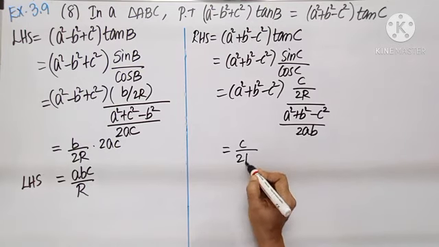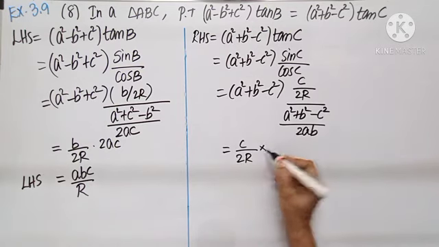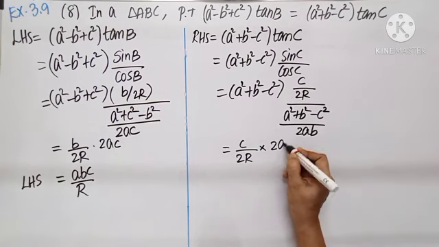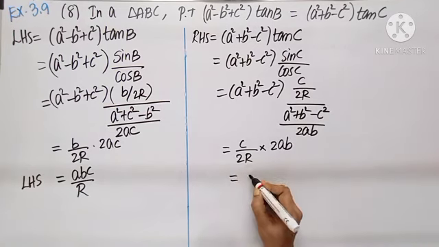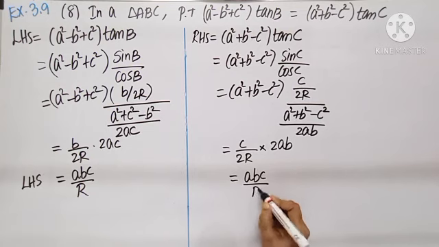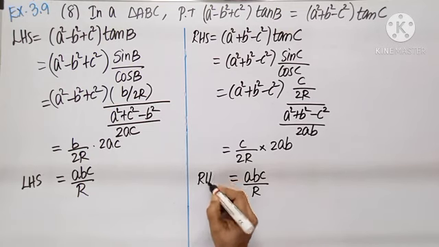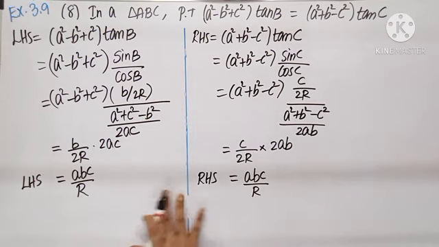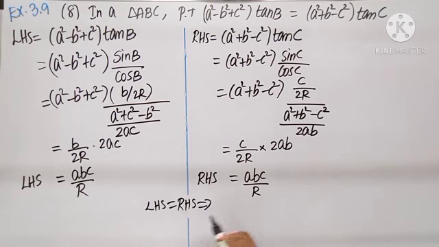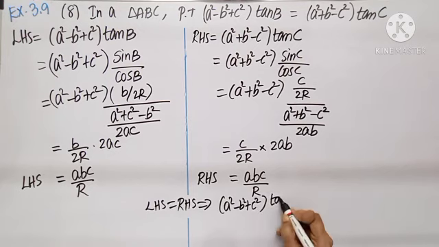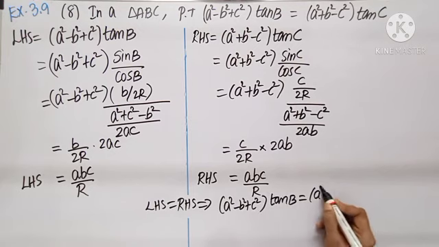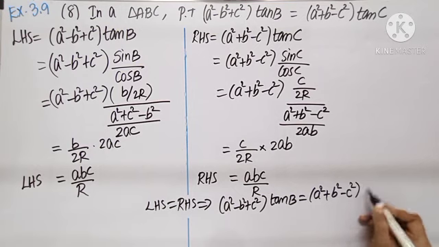We are left with c by 2r into reciprocating 2ab, or I have abc by r, and as I compare, I am able to show LHS equals RHS, and hence we have achieved the result: a square minus b square plus c square into tan b equals a square plus b square minus c square into tan c.